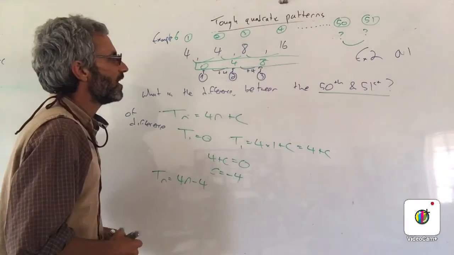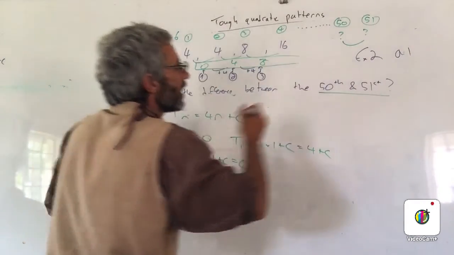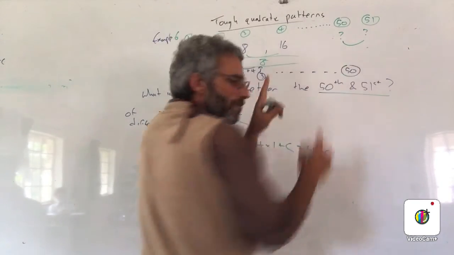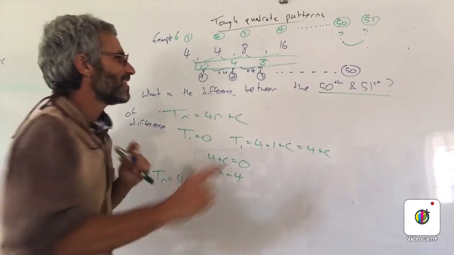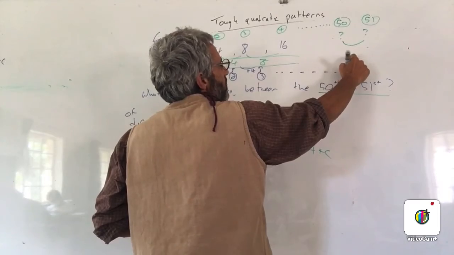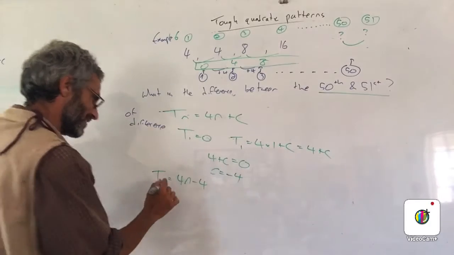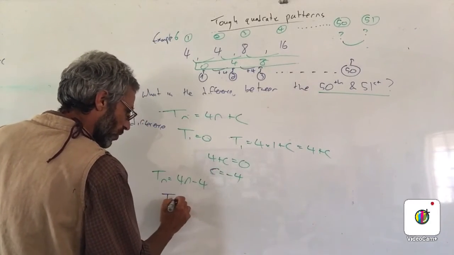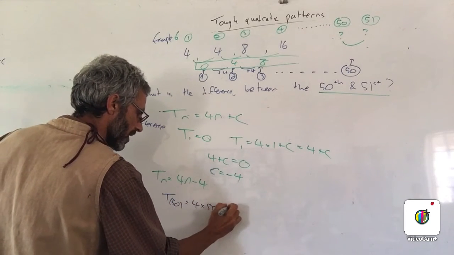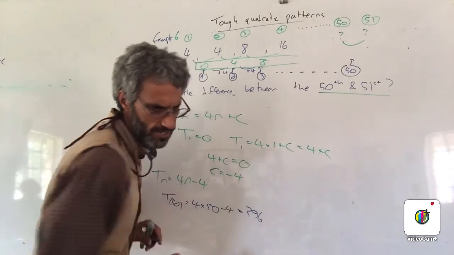I want to find the difference between the 50th and the 51st, so I need to find term number 50 here, not 51. The 50th term of this sequence is the difference between the 50th and the 51st terms. So I'm going to look for T50, and the answer will be 4 times 50 minus 4. That's 200 minus 4, which is 396. Let's see if we got it right.